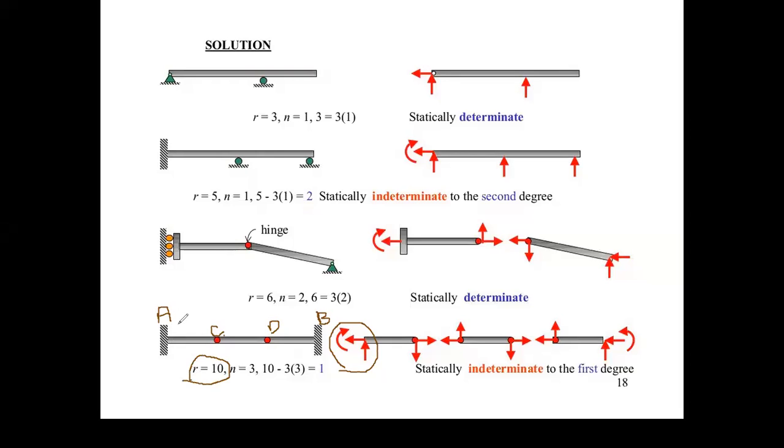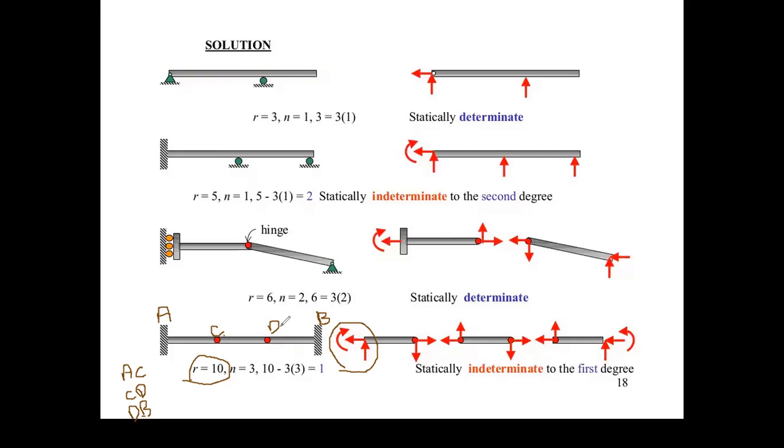How many members are there? 3 members are there. How 3 members? One member is AC, the second member is CD, and the third member is DB. So the number of members is 3, so 3 into 3, 9.